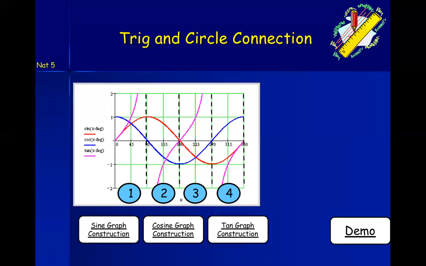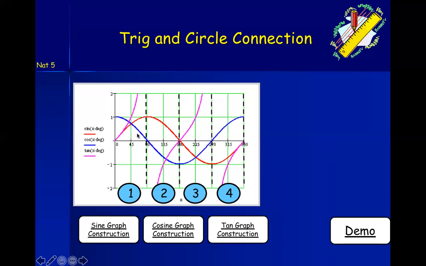Now, what we can do here, when we looked at drawing those graphs last time, we looked at drawing them around a circle, if you remember well. That circle meant we went from 0 to 360. And that's why on the x-axis here, we've got 0 to 360. And what we can do is split our circle into 4 portions or 4 quadrants.